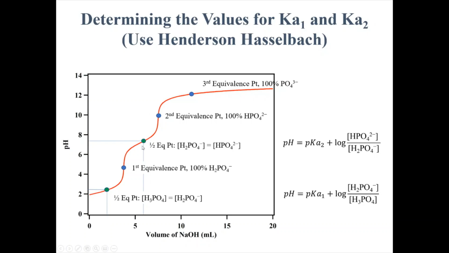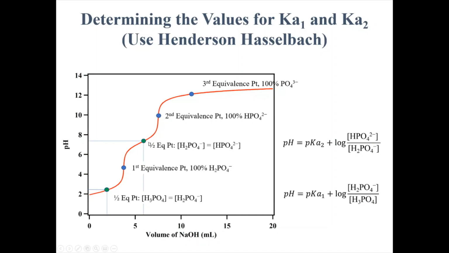Now, if you look carefully, and you should pay very close attention, this is not half of the volume of the second equivalence point. This is halfway between the first and second equivalence point, which is basically 3/4 of the second equivalence point volume. So you have to be a little careful.